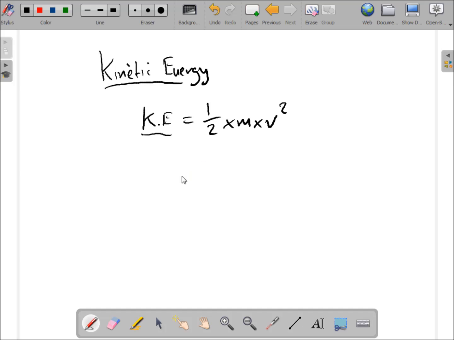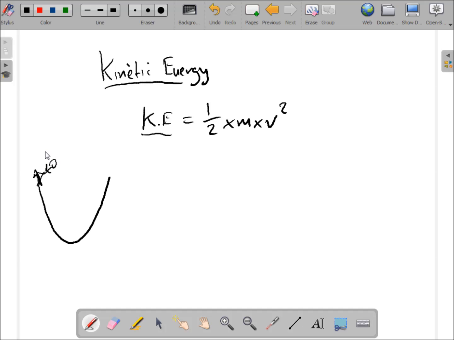And a very common question is to ask you about when either gravitational potential energy is transferring to kinetic energy or the other way around. So if we just take, for example, a skater in a half pipe, classic example, this guy's skating down here.